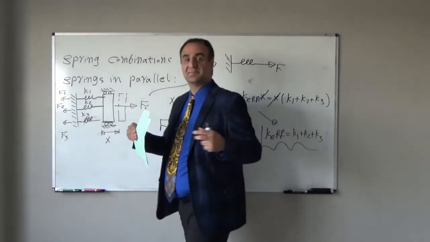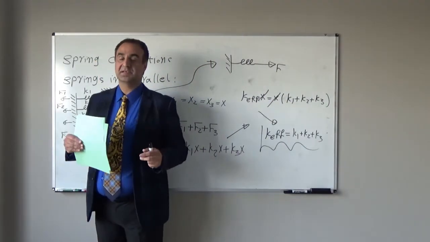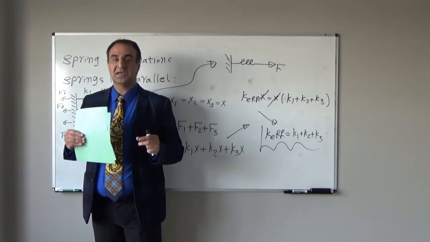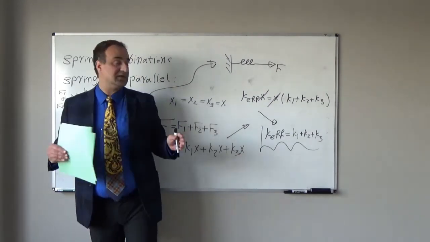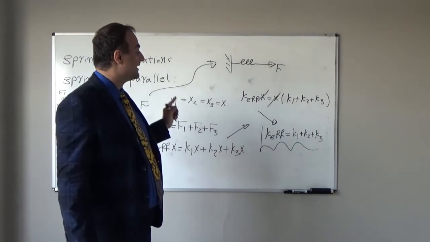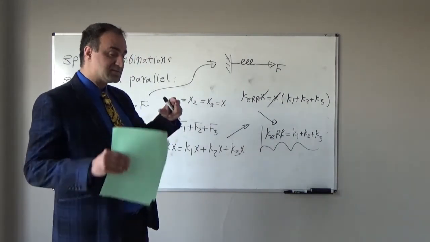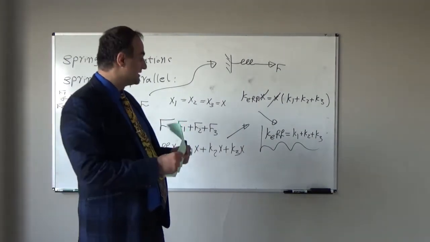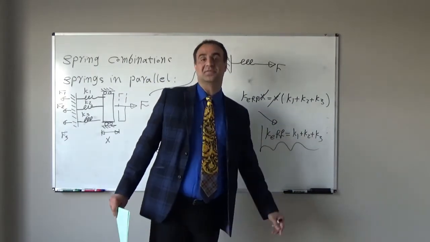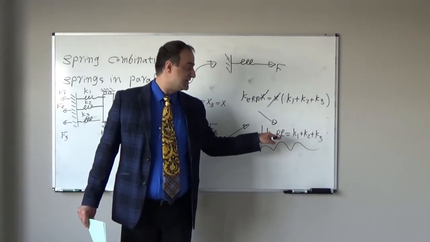So if we combine springs together in parallel, it means the deformation of all those springs should be equal. In that case, the effective stiffness, if I substitute all the springs with one spring, will be the summation of the stiffness of these springs.